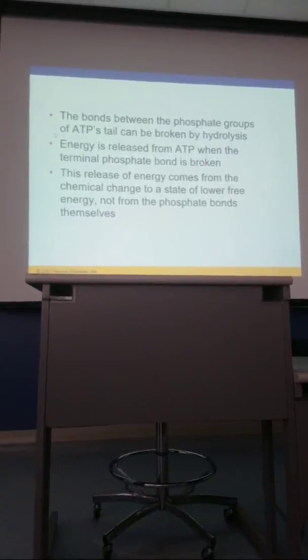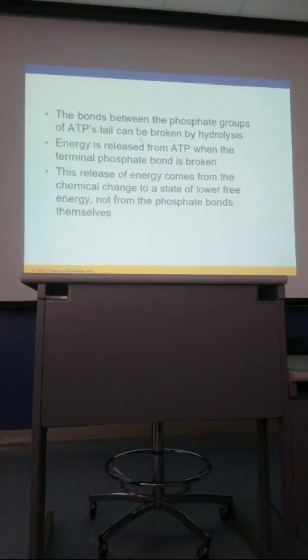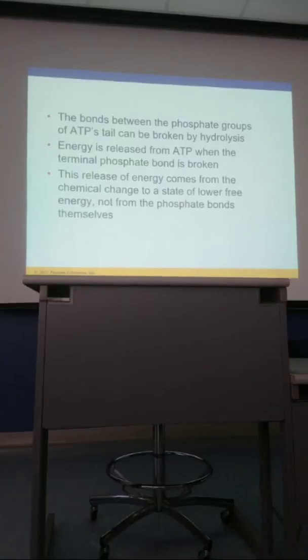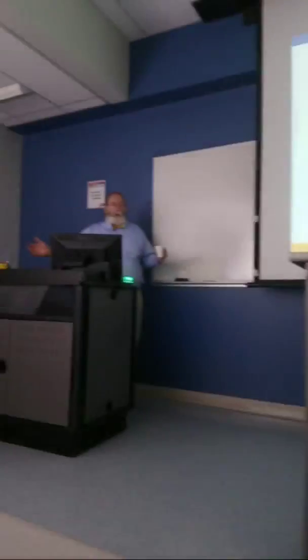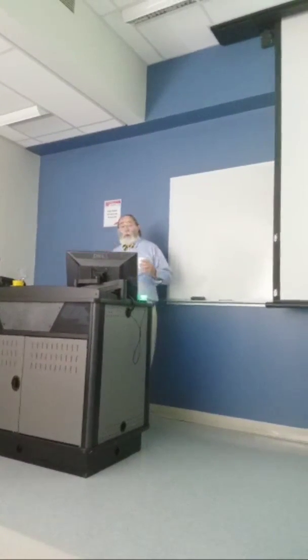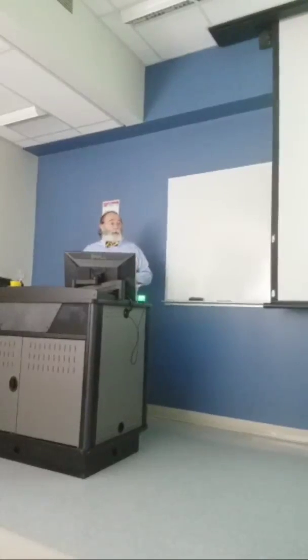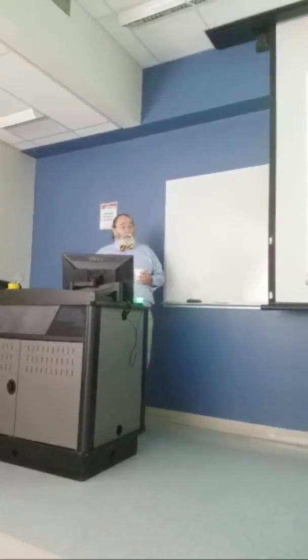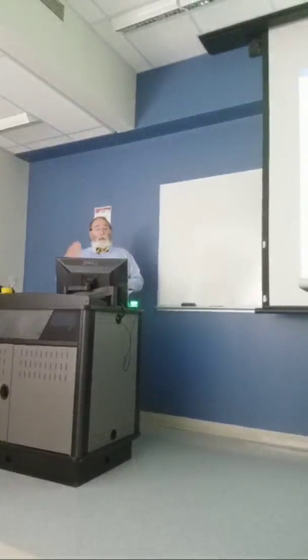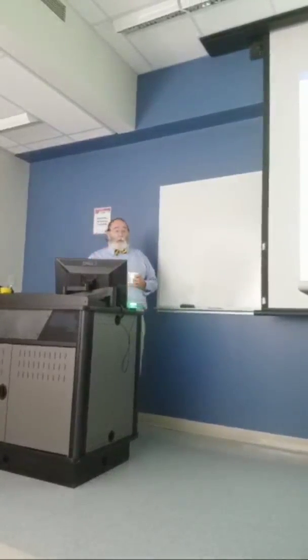Bonds between the phosphate groups of the ATP's tail can be broken with hydrolysis, and with hydrolysis you release the monomer. Remember, when you expel water, it puts 2 monomers together. While these are not monomers, it's still the dehydration reaction or hydrolysis because it gets rid of the water and takes water.